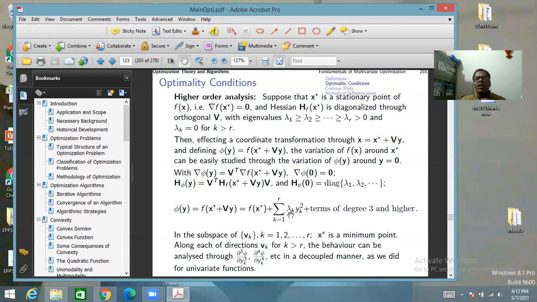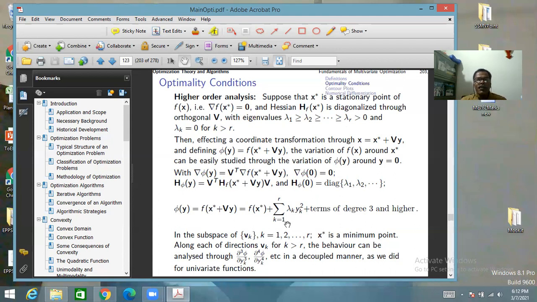And now we know that lambda 1 to lambda r are positive, so all these are positive. We don't know about these others. But for k equal to 1 to r, these will not matter, because along those directions this is positive and this is dominating for small y.